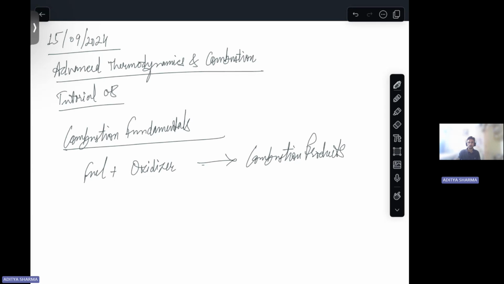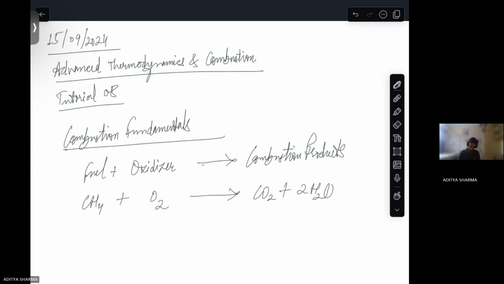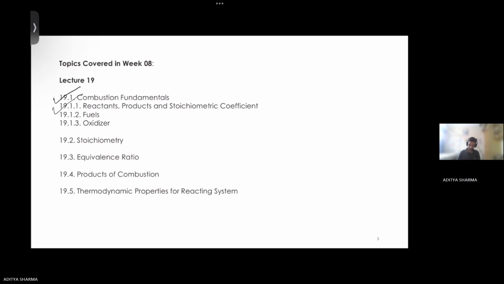This is the basic framework, and we can take the example of methane. This is an example of combustion of methane.